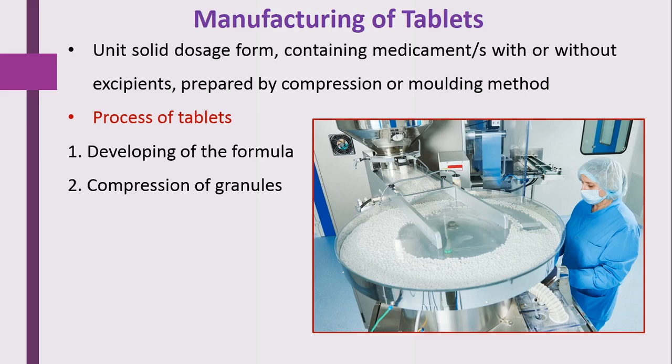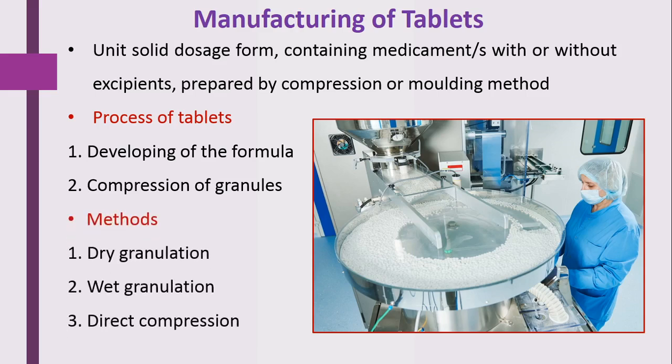In the second step, compression of the prepared granules takes place by using machines, either a single punch tablet machine, double punch tablet machine, or a rotary punch tablet machine. The tablets are prepared by using any one of these three methods: dry granulation, wet granulation, and direct compression.